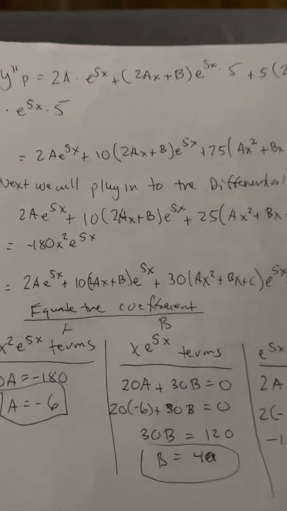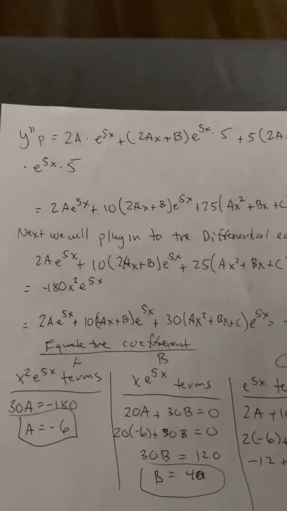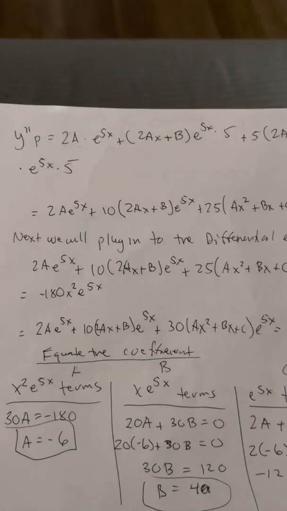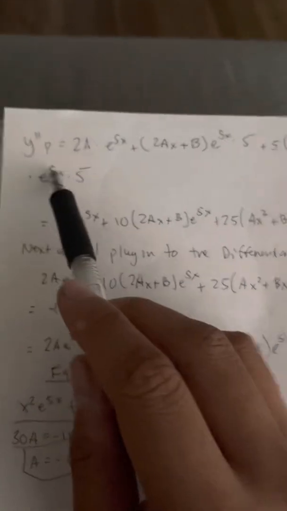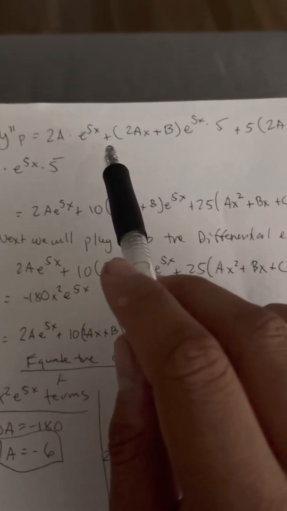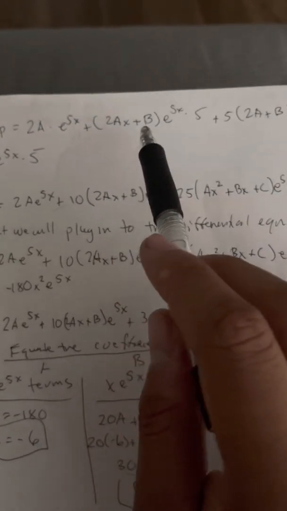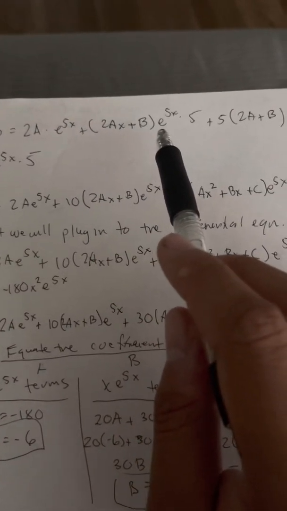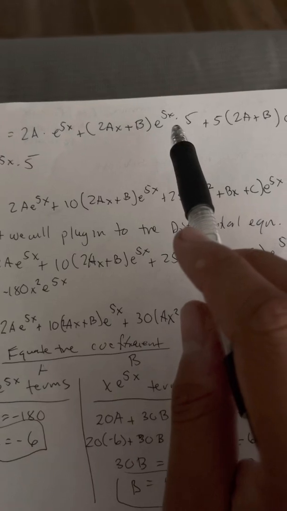Since we got our y prime, we have to take the derivative one more time. So if we do that, we will get 2a times e to the 5x plus 2ax plus b times e to the 5x times 5.